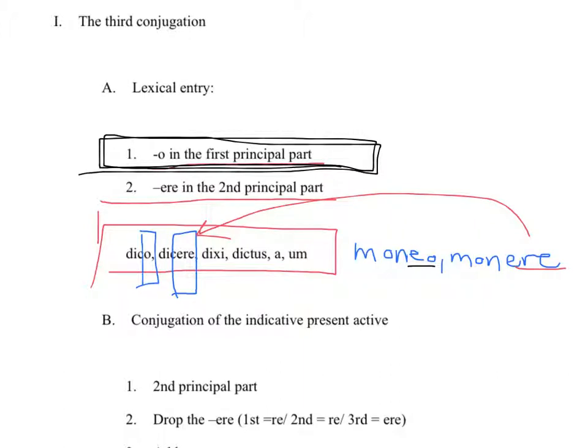You are not native speakers of Latin, so you have to use a dictionary. Therefore, there's never a problem. And if you were native speakers of Latin, then there wouldn't be a problem either, because you would know this naturally and intuitively. Now, the book will put long marks over the E for the second conjugation.